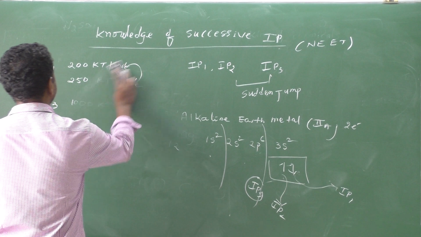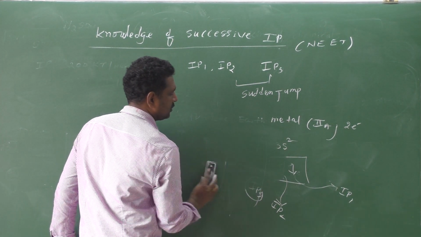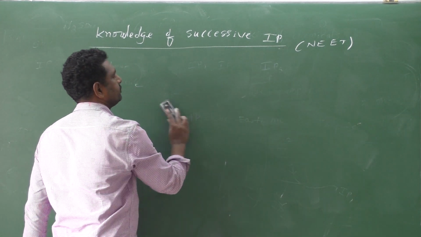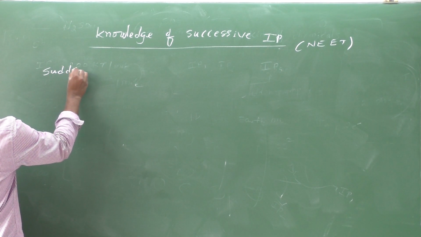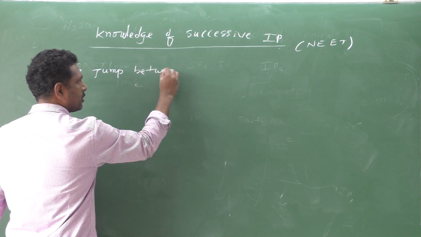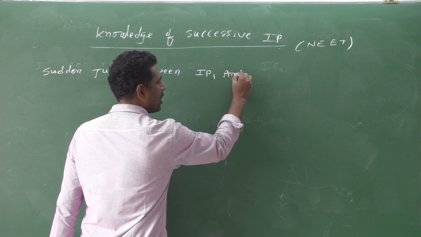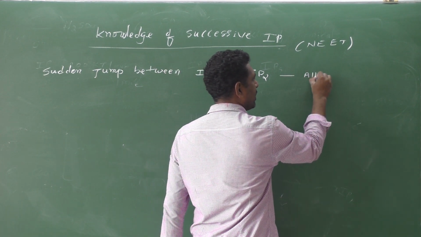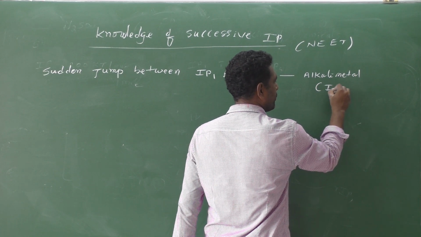I will write here: sudden jump between IP1 and IP2, that is alkali metals, first A group.